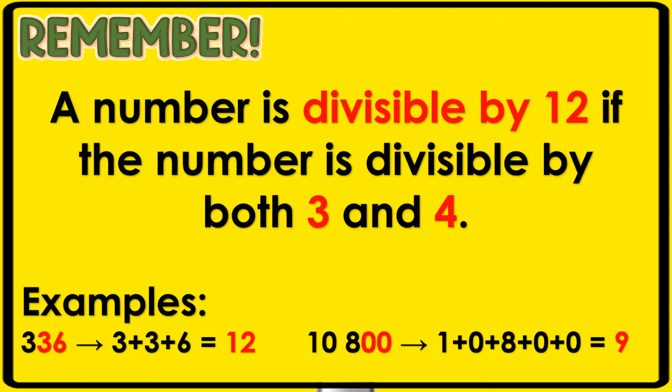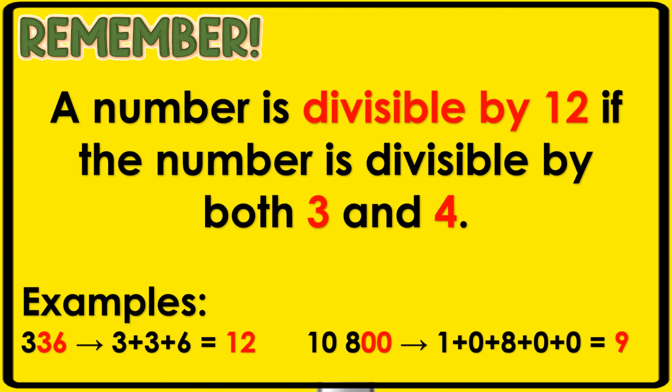336 is divisible by 4 because the value of the last two digits, 36, is divisible by 4. It is also divisible by 3 because the sum of its digits, 3 and 3 and 6, is 12. 336 is divisible by both 3 and 4, so it is divisible by 12. 10,800 is divisible by 4 because it ends in two zeros.